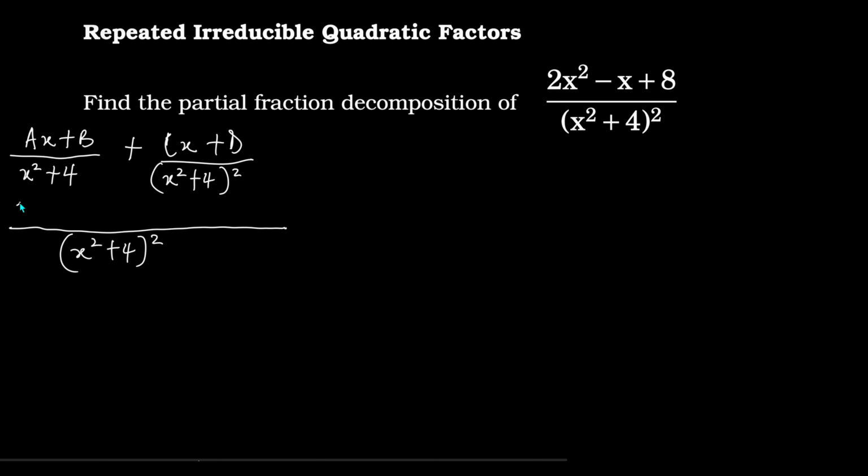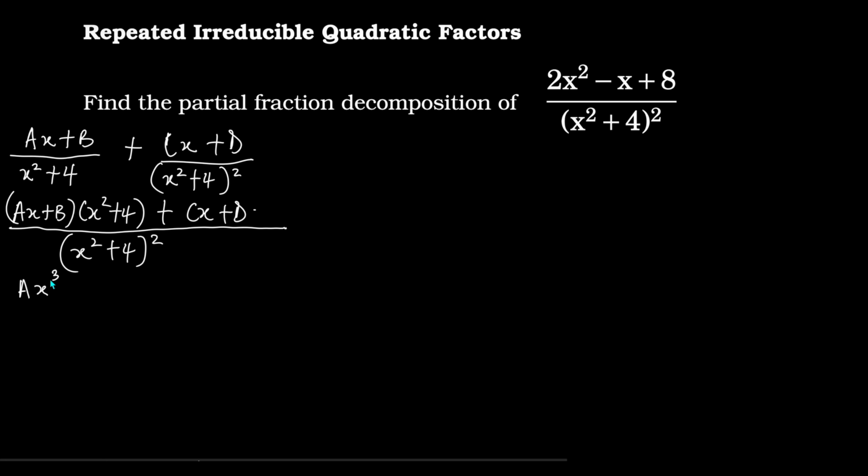And here we have a product of ax plus b and x squared plus 4. And for the other side, we have just cx plus d. And we'll try to break this down. We have ax multiplying x squared.